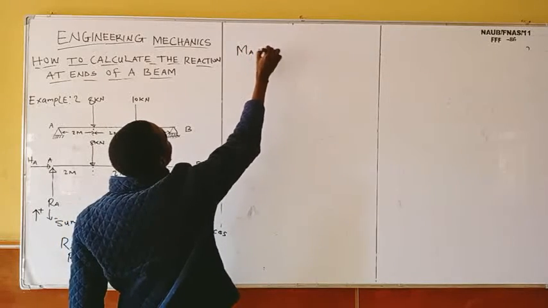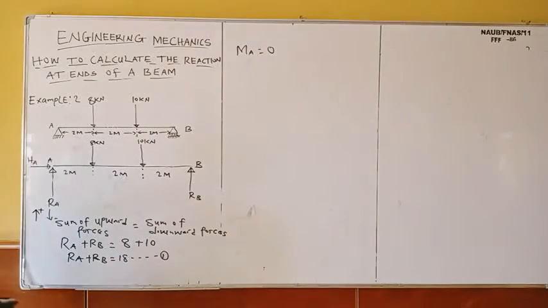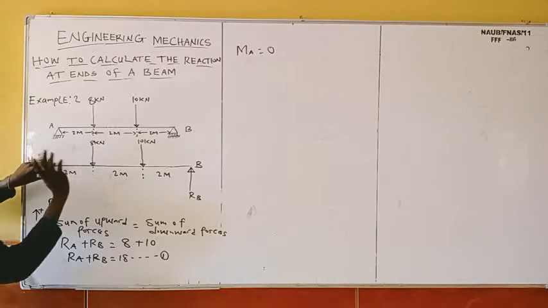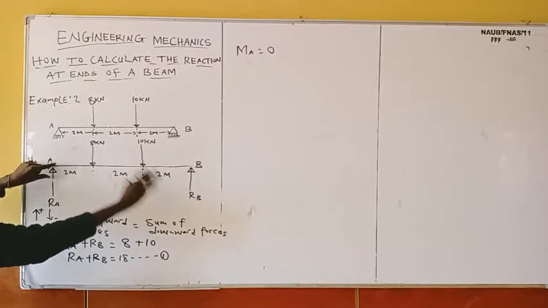Moment about A is equals to what? 0. So now I'll put my hand here. You will see how many forces, and once you say moment about point A is equals to 0, it means the moment at this point is equals to what? 0. So now it means we'll be left with what? 1, 2, 3 forces. Now we are going to be left with these 3 forces.